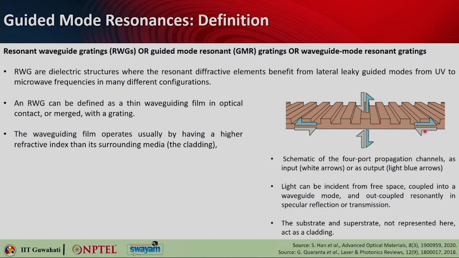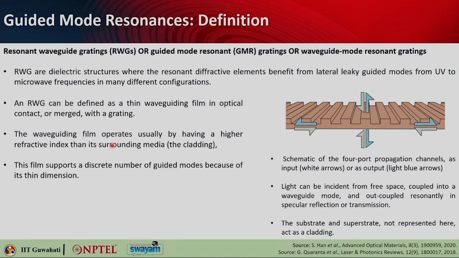So, 1, 2, 3, 4, there are 4 ports, and the white arrows are the inputs, and the blue ones are the outputs. Light is considered to be incident from free space, which is coupled into a waveguide mode, and then that can outcouple resonantly in a specular reflection or transmission, and that is how it works. And here the substrate and superstrate are not shown, but they act as a cladding.